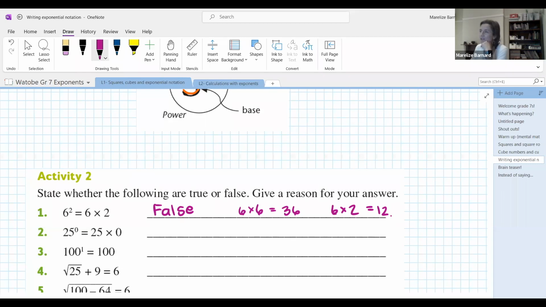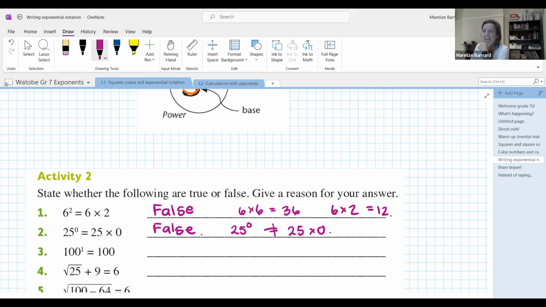But is that true? This is most definitely false, because raising something to a power and timesing something is not the same thing. Okay, so 25 to the power of 0 does not equal 25 times 0.